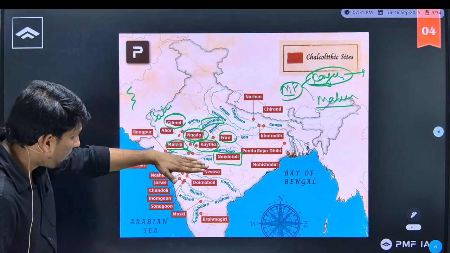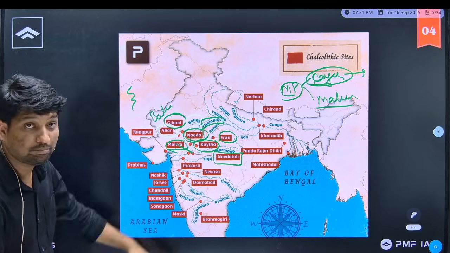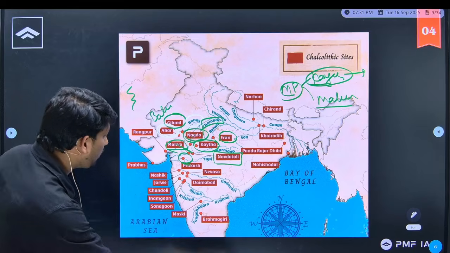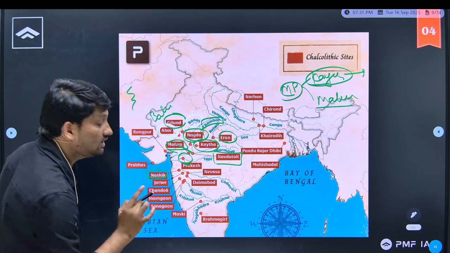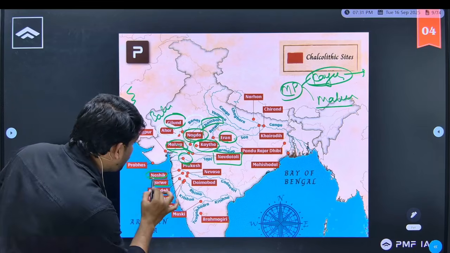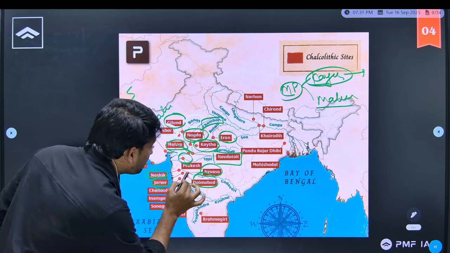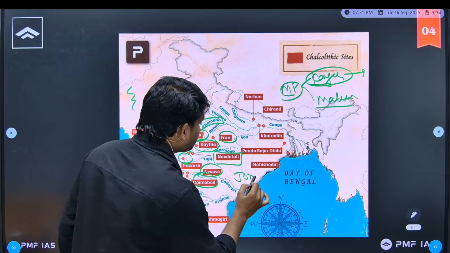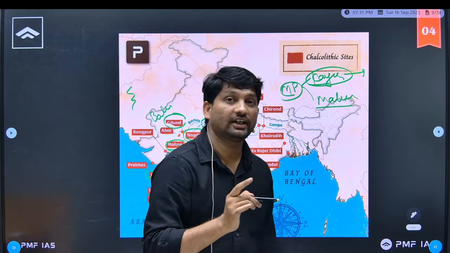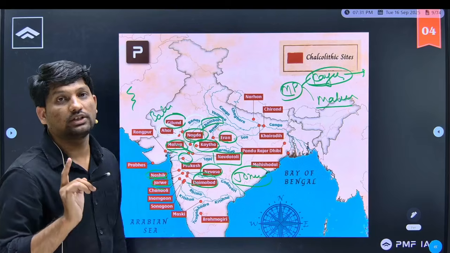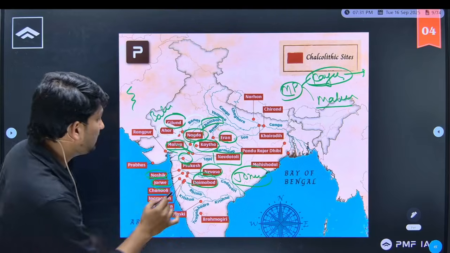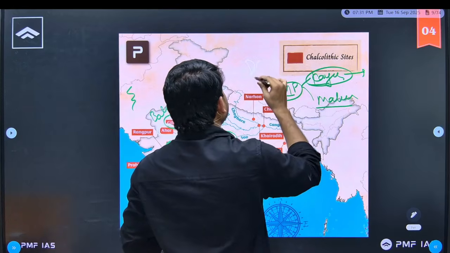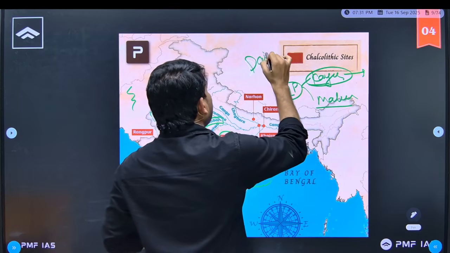If you see all these remaining sites in Maharashtra, see this Prakash on this Tapi river, or Nashik on this Narmada river, or Jorwe, Nevasa and Daimabad on this Pravara river, all are part of this Jorwe culture. But before Jorwe culture in Maharashtra, we have one more culture, that is Savalda culture, from this Tapi to Godavari. Remember, in the Savalda culture, Daimabad is important.